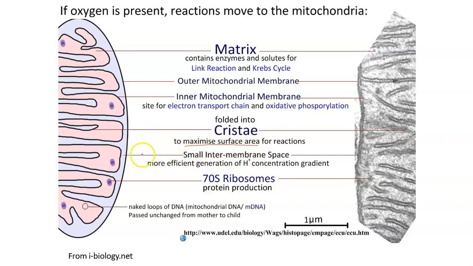And there is an intermembrane space over here, and also the 70S ribosomes. And I'm sure that you remember what this is. This is the scale bar, and this is the reason that you can calculate the magnification as well.